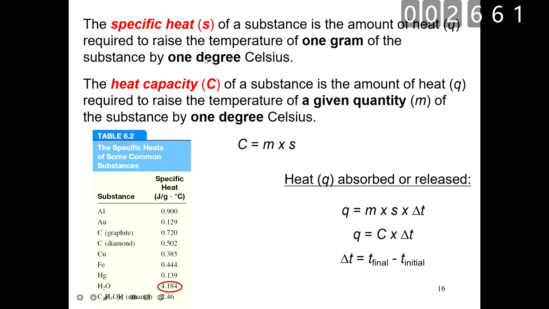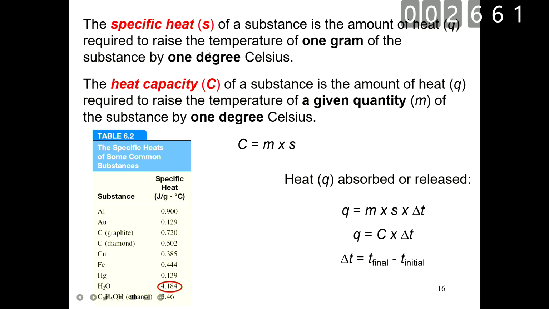So this is the specific heat. For example, we know the water's specific heat is 4.184 joule per gram per degree.